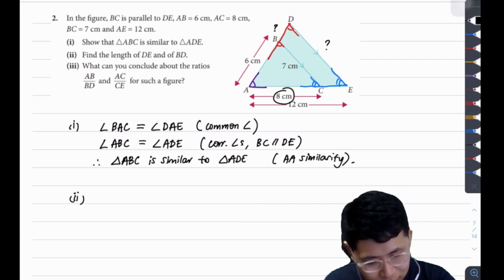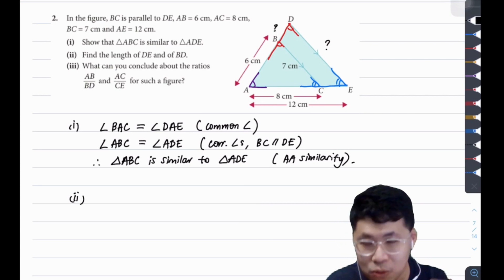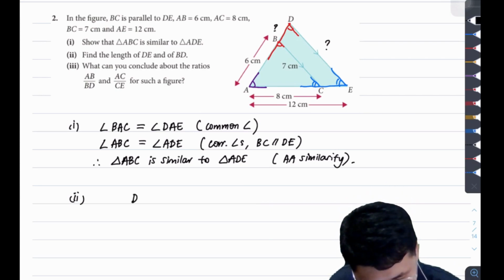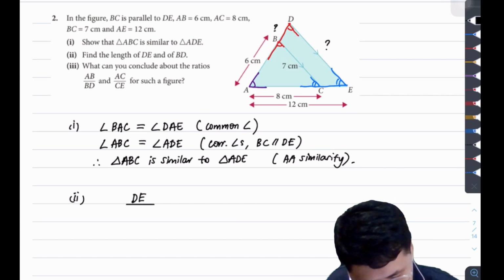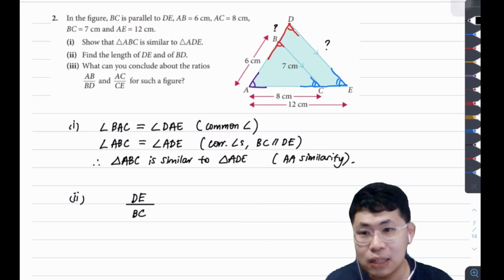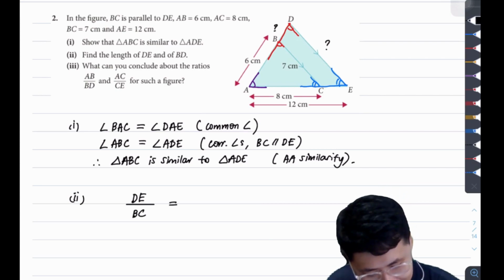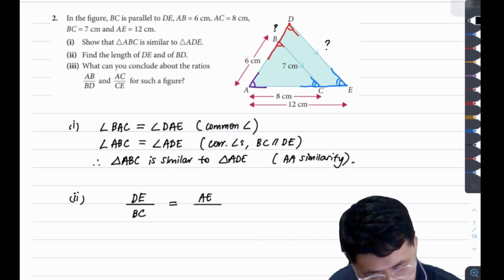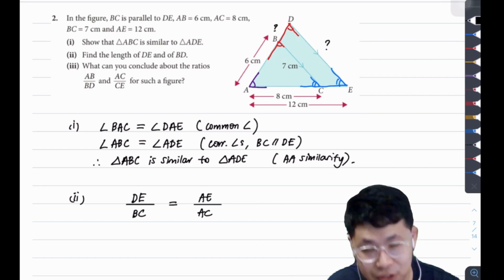So we have 8 and 12, right? So we need to do a little bit of matching, alright? So the first one, I'm looking for DE. Now, DE from the bigger triangle, I will match it with the BC from the smaller triangle. Okay, and then this will be equal to AE from the bigger triangle, matching with the corresponding side of the smaller triangle, which is AC.